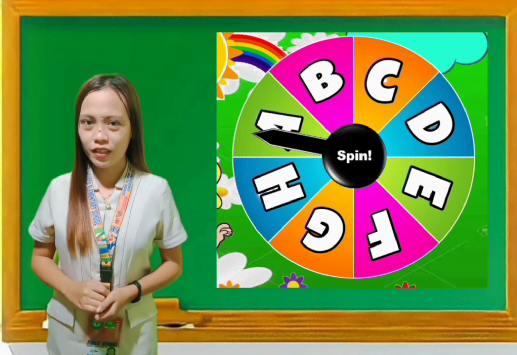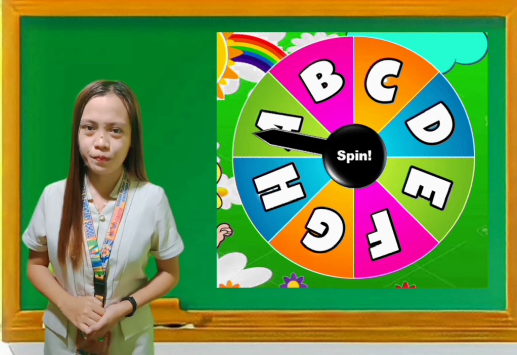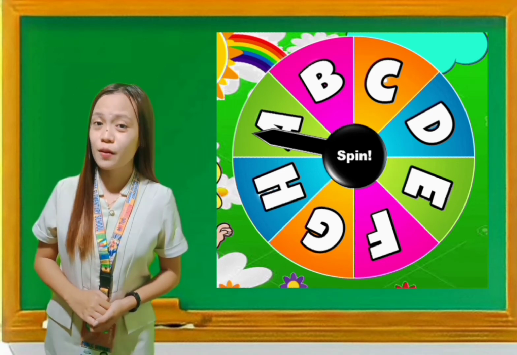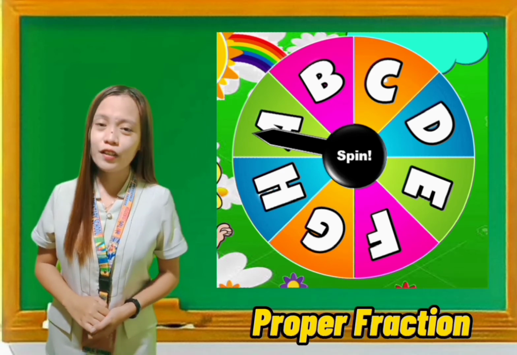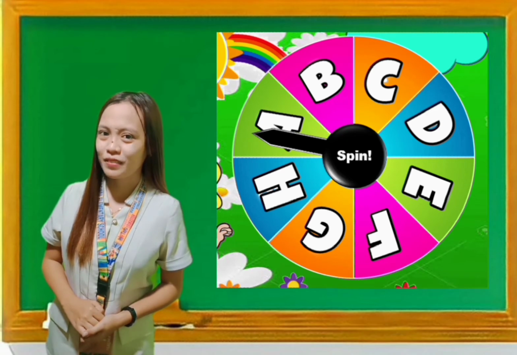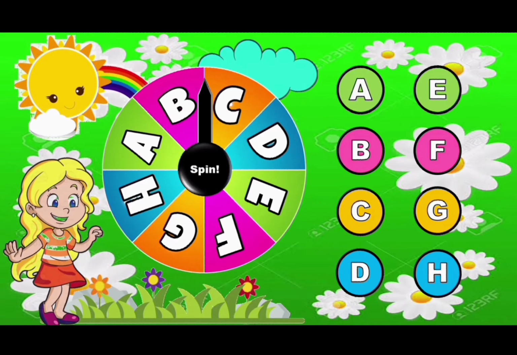The letter of the wheel, which will be pointed, will flash a fraction. And then you will identify whether the fraction is a proper fraction, an improper fraction, or a mixed number. Is our instruction clear? So now, let's start playing Spin the Wheel.